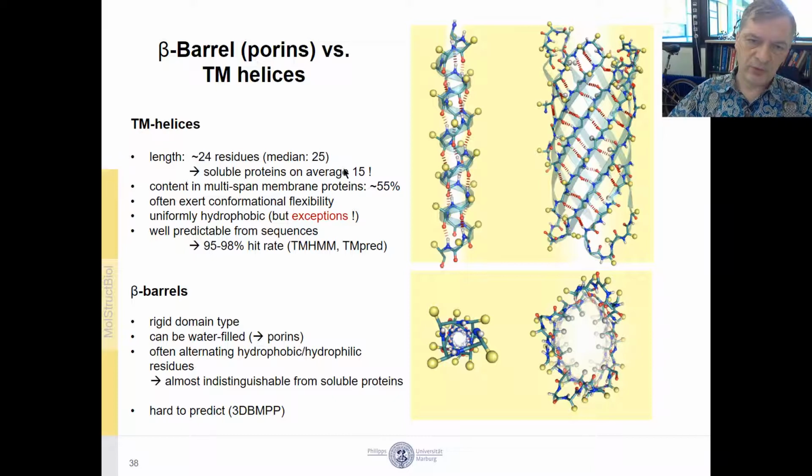Second point is, when we have a multi-span membrane protein, these transmembrane helices make up not everything, because we have loops connecting them with each other, sometimes even domains connecting them with each other, or some larger spans connecting them in the cytosolic or in the non-cytosolic environment.